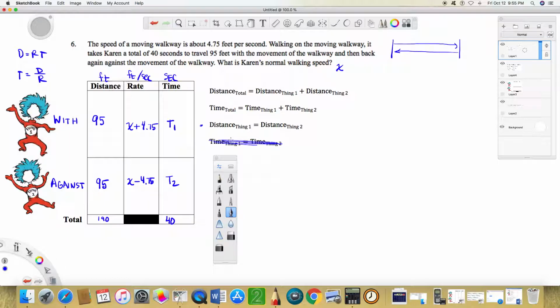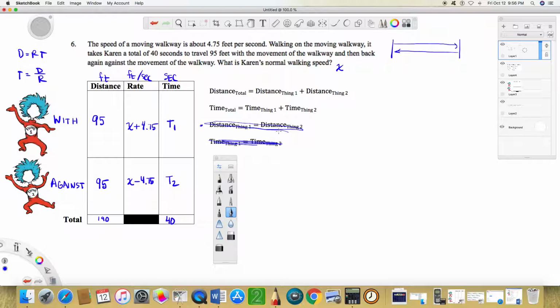I think that if we go distance equals distance, you're replacing the distance with rate times time. Well, you can look at the table, rate times time, we don't know x and we don't know t1, and there's the rate times, we don't know x and we don't know t2. So we'd have one equation and three unknowns if we set those distances equal. So I don't think this is going to lead us to anything we can solve.